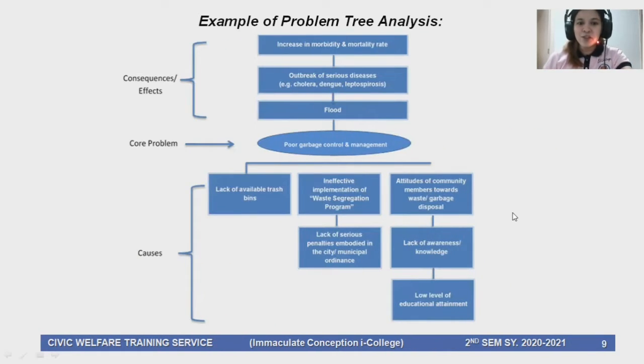Example ng situation. O, tingnan niyo yung causes. Sa baba muna tayo, sa root. Okay, so ano bang problem muna? Tingnan natin yung core problem. Poor garbage control and management. Okay, so ano naging epekto? Nagkaroon ng morbidity or mortality rate, outbreak of serious disease, bumaha. Ano bang dahilan?